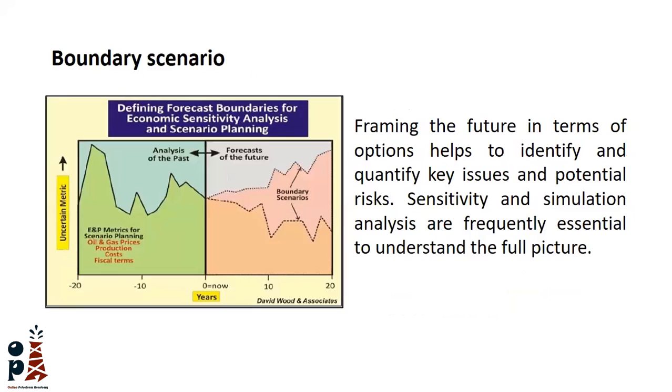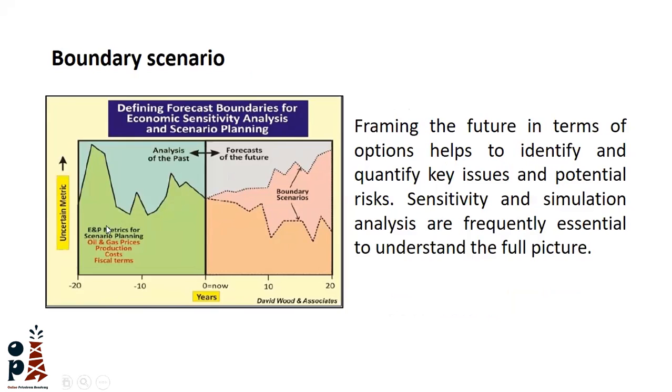So how do we put these uncertainties in our economic model? We have what we call the boundary scenario. This boundary scenario reflects the worst case for prediction and the best case for prediction. This is made by sensitivity analysis and risk analysis, and we'll talk about them at the end of the presentation.